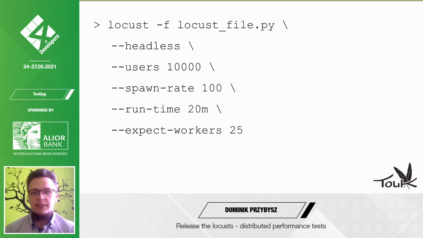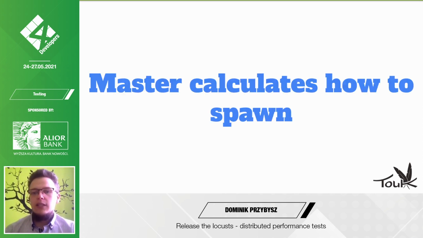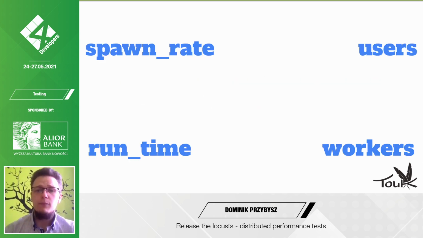So you have to explicitly tell how long the test should be, and also what the expected number of registered workers is before we start our test. Based on those parameters, master calculates how to spawn the workload among all the connected workers. So you have to find a balance between all these parameters to create a proper shape of your test.